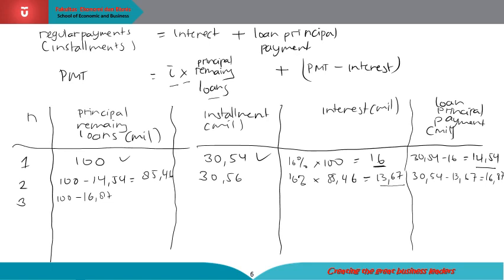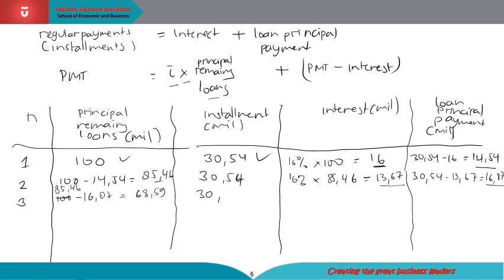The real loan that the company paid back is only 16.87. That's why the remaining loan will be 85.46 from here minus 16.87, and that will give you 68.59, right?